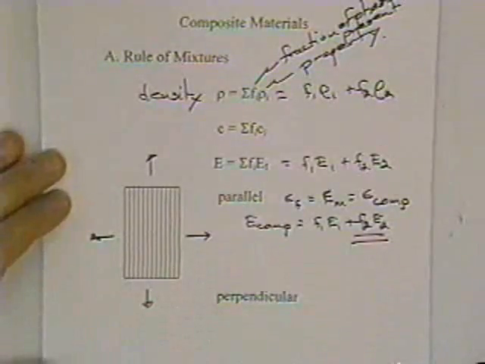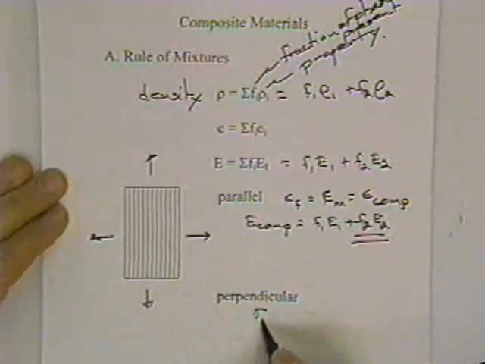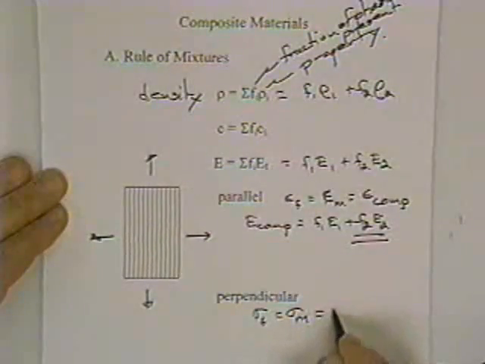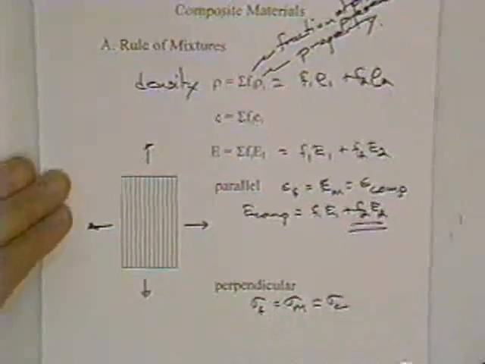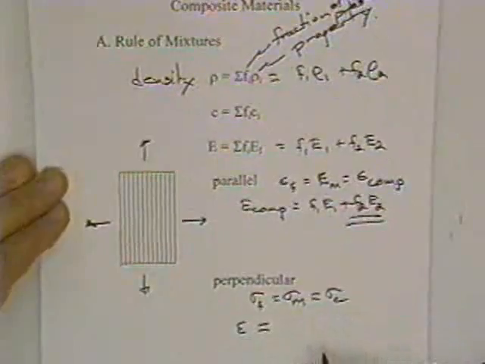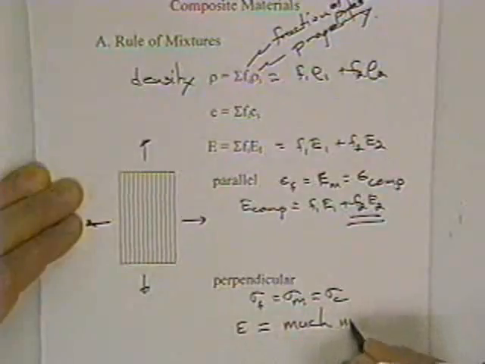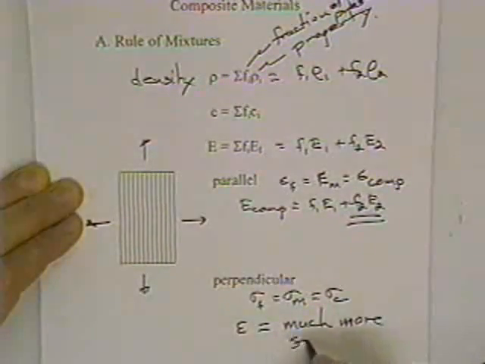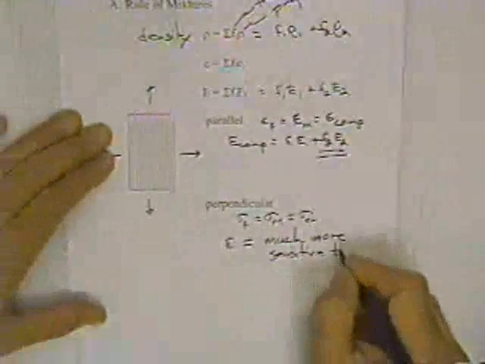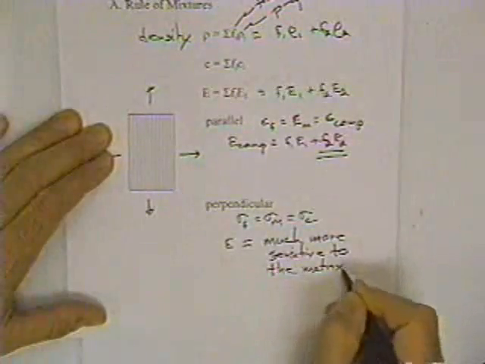But now what happens if we take a look at it perpendicular, and what's the modulus going to be? Well, the strain's not going to be constant. In this case, we're going to have the stress in the fiber is equal to the stress in the matrix is equal to the stress on the composite. And if you work through the modulus in that way, we'll find that the modulus is much more sensitive to the matrix.